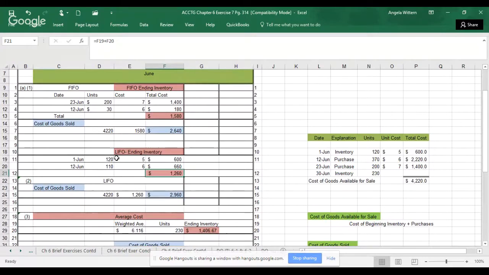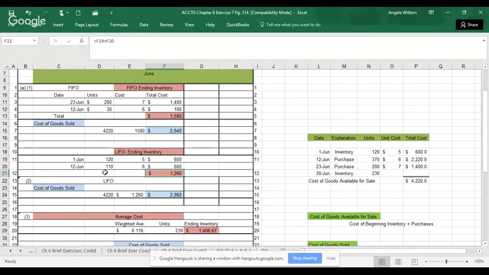And LIFO, last in, first out inventory. Because it's last in, first out on sales, for inventory, we go for the inventory that is the oldest. So with our 230 units of inventory, we'll start with the 120 units, at $5 a piece, which is the June 1st entry, totaling $600.